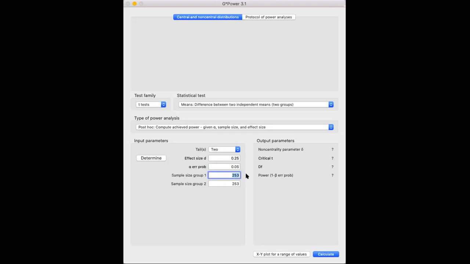I've seen studies with 20 participants per group. Let's say it has 40 participants per group. That's what they reported. We want to see how likely we are going to replicate this finding if the effect size estimate is somewhat accurate. So we put the sample size per group at 40, 40.